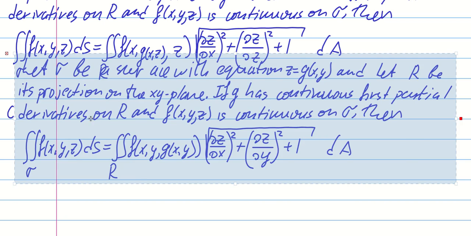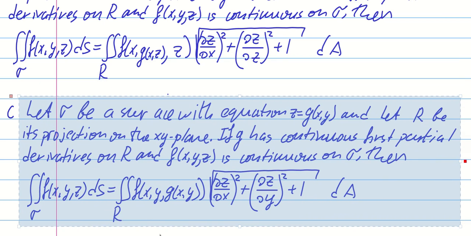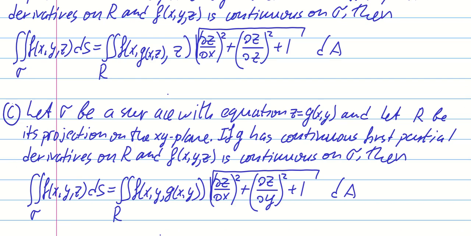So if we take our rule and we think of part C, and this is a surface, so over here the equation will be x equals, right? Equation will be x equals g of y and z, and instead of the xy plane, it's going to be the yz plane.